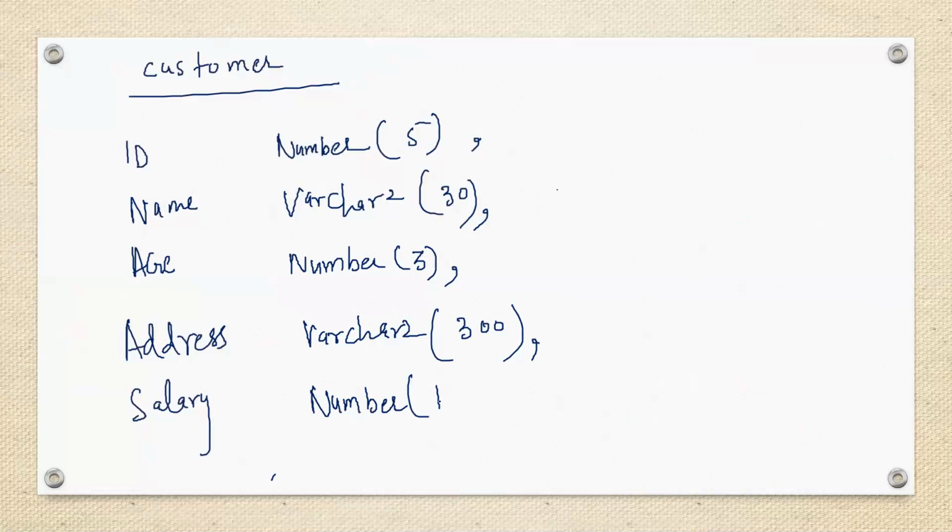Even the salary of Jamie Dimon can be expressed in 10, 2. So I'm going to put 10, 2. What if I want to create this table? How will I create this table?